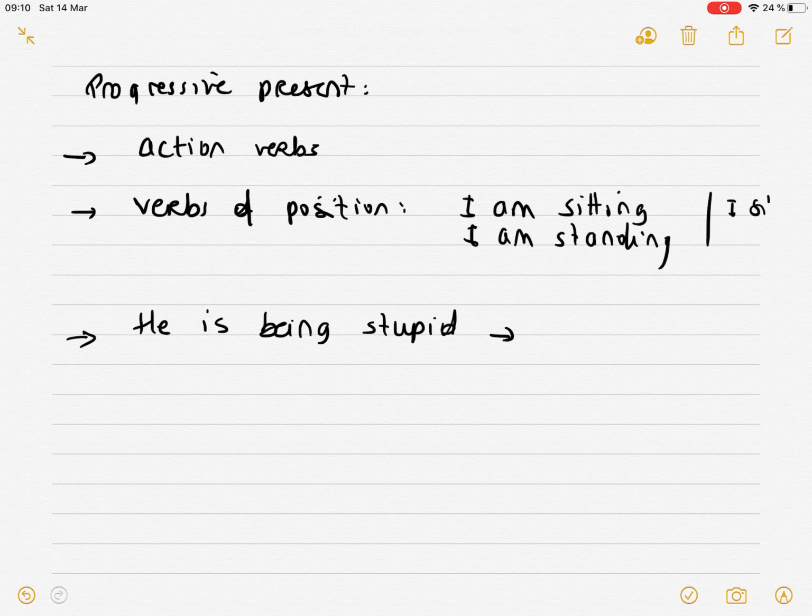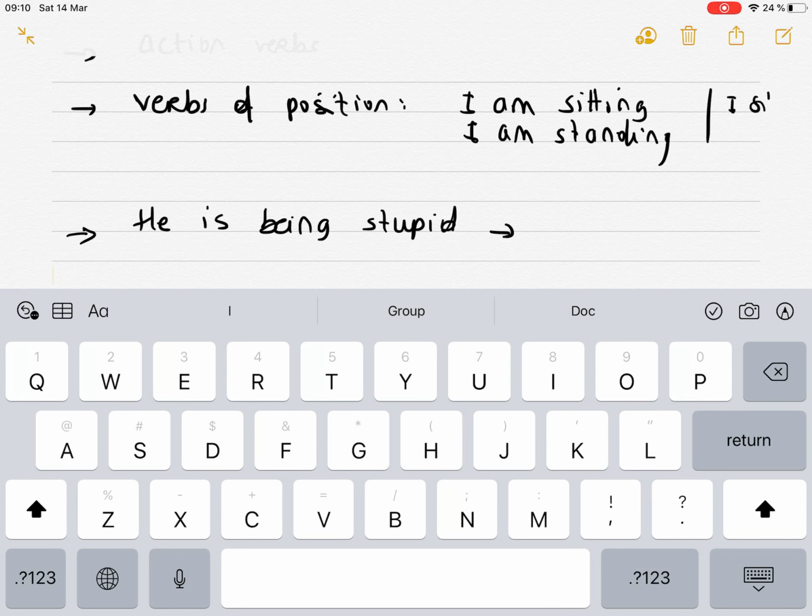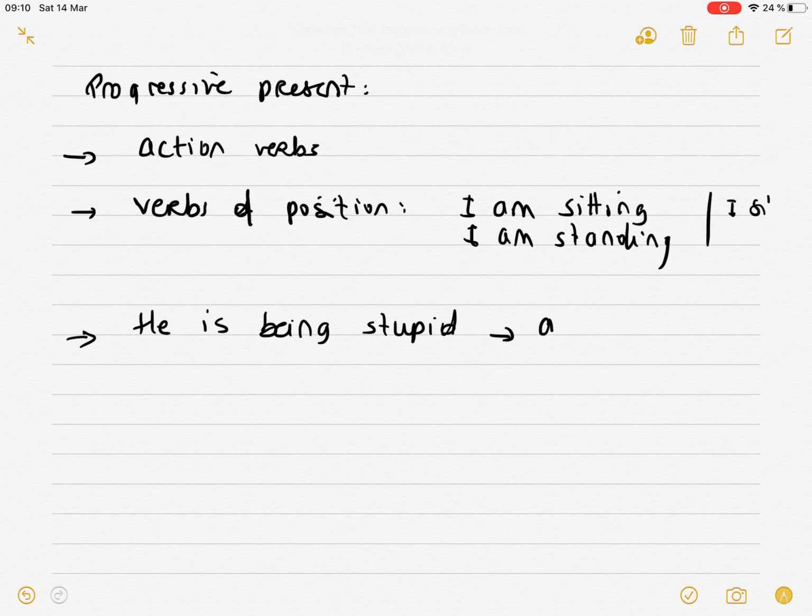If you say he is stupid, it means that the person is a bit simple-minded, for example. But if you say he's being stupid at the moment, you're irritated by his attitude. At the moment you're talking. You could say to someone, you are being stupid right now, stop doing this. It doesn't mean that you think the person is stupid all the time, but in that particular moment you do.